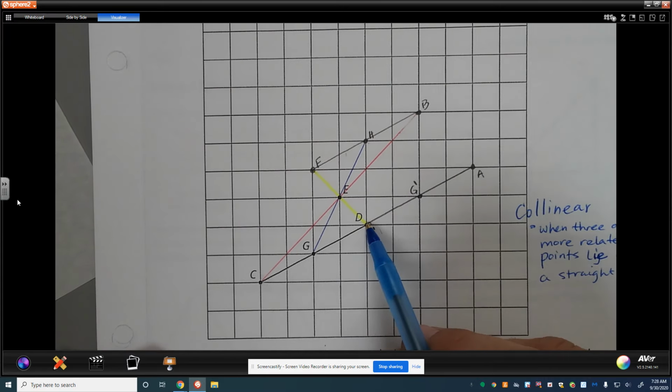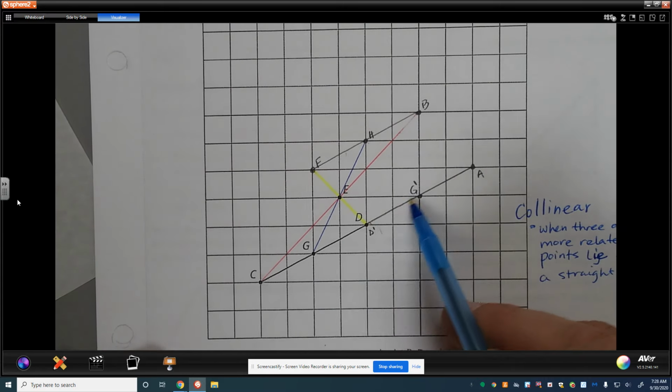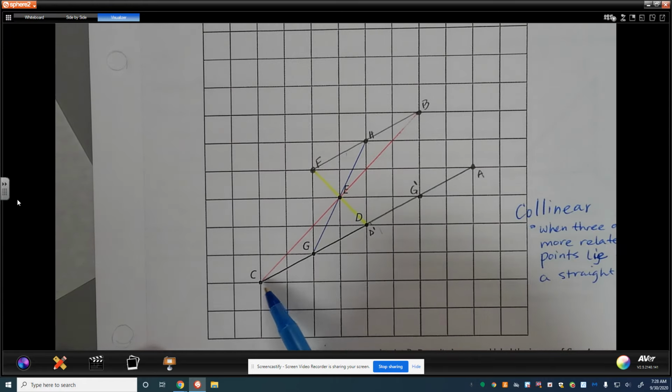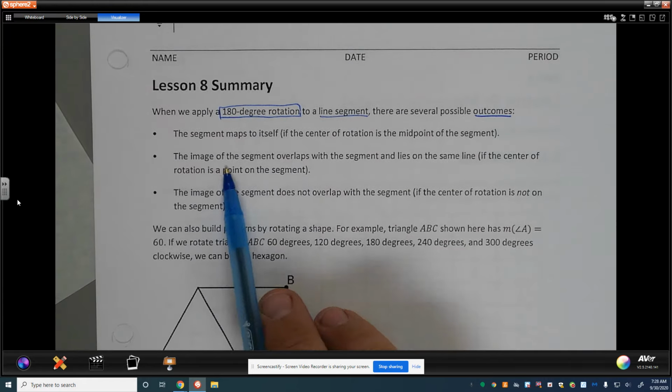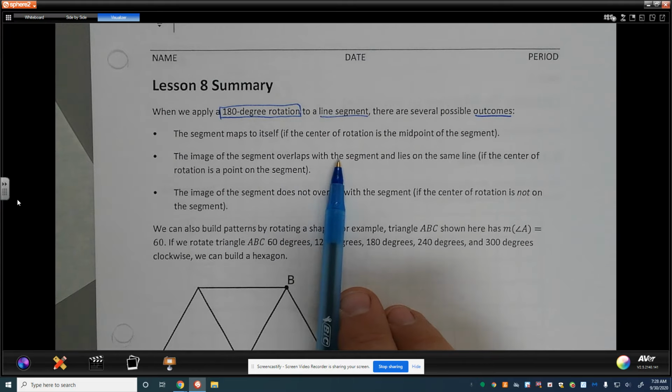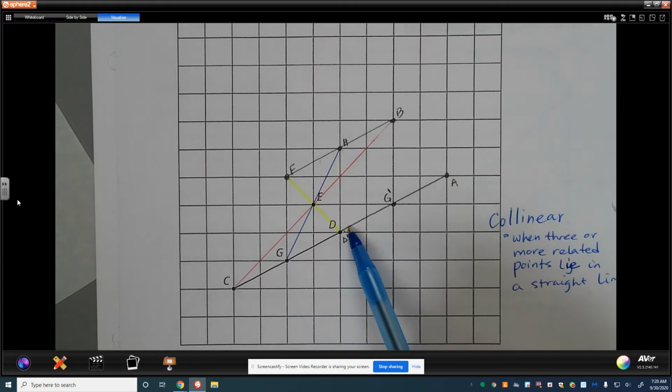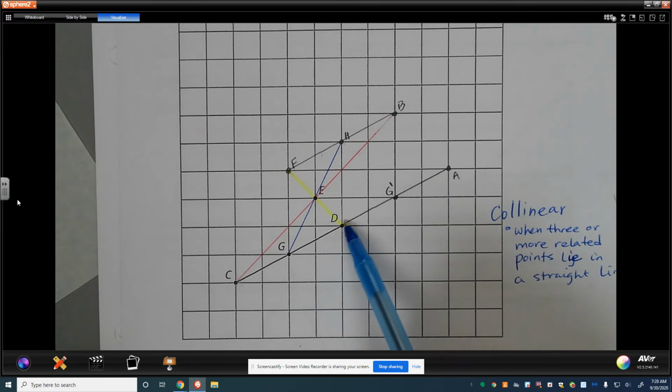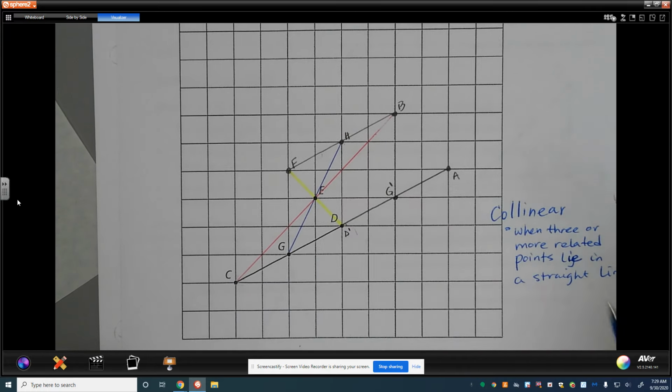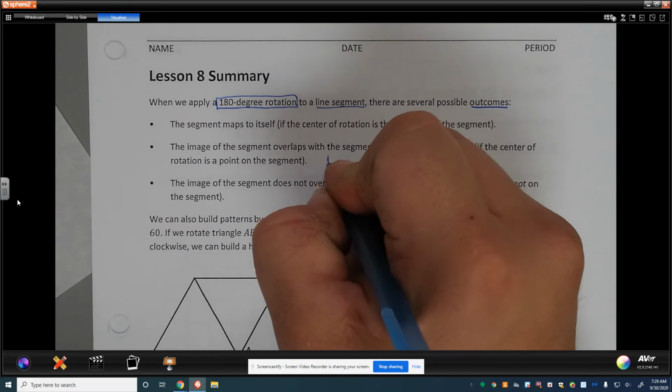Or we see that rotating around point D just produced a longer line segment that continued the pattern of the line segment. The image of the segment maybe overlaps with the segment and lies in the same line. So we would call this one overlapping. We also had that one word that talks about overlapping where it adds on or right on top, coincide. So we're going to add that one in here.